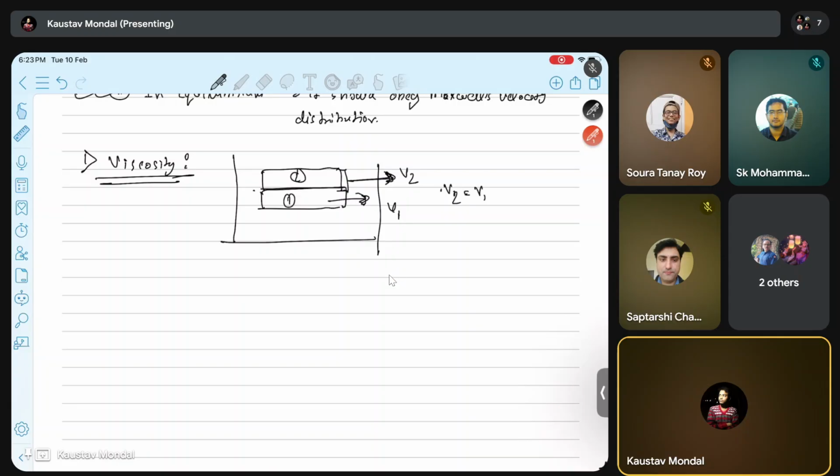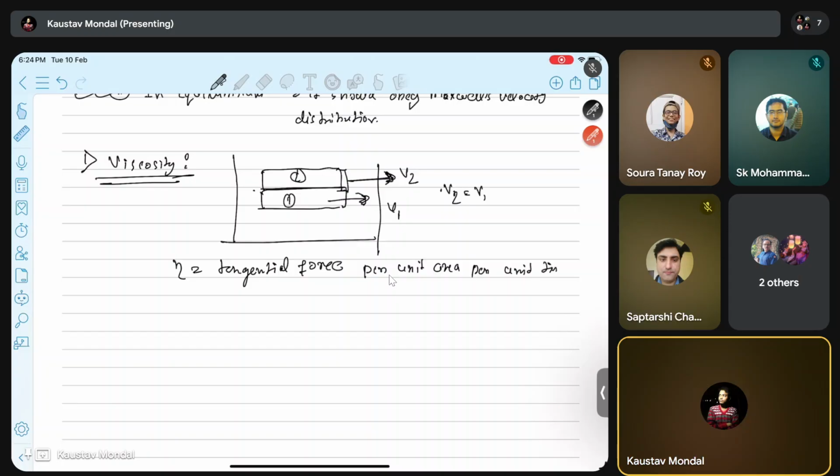The definition of viscosity is the tangential force per unit area per unit time.